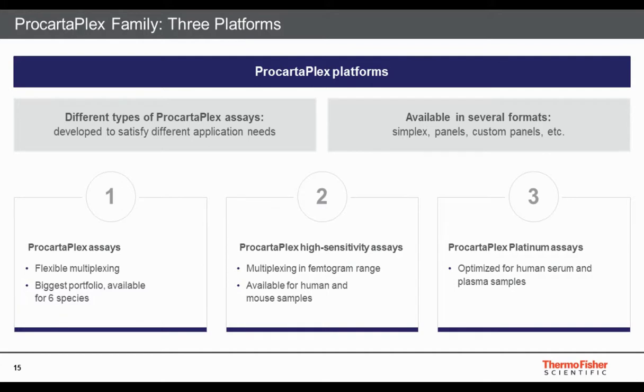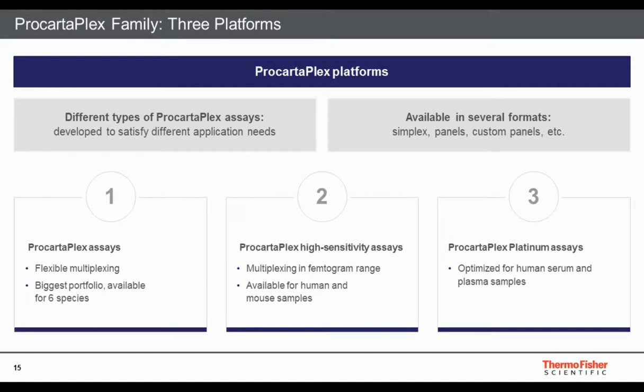We have our ProcartaPlex high sensitivity assays based on our in-house developed amplification technology for multiplexing in the femtogram range. These are available for human and mouse. And we have our Platinum ProcartaPlex assays, which are optimized for human serum and plasma samples.